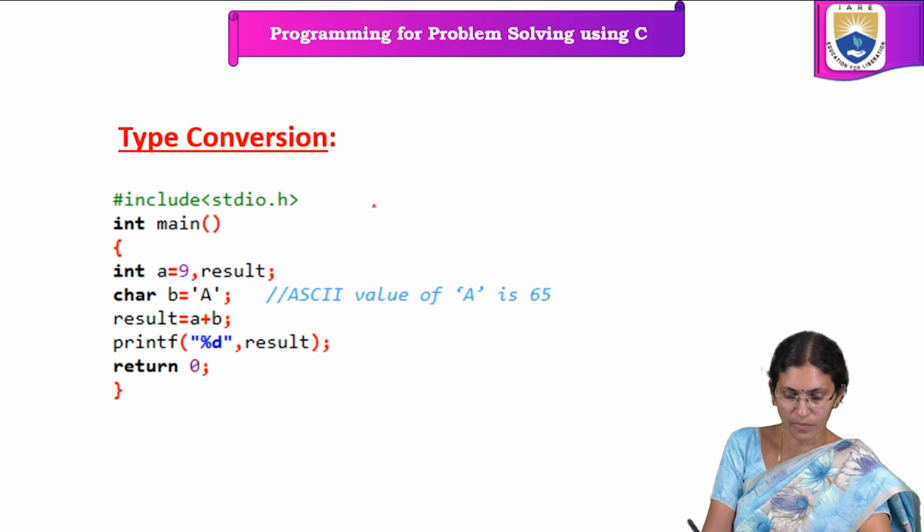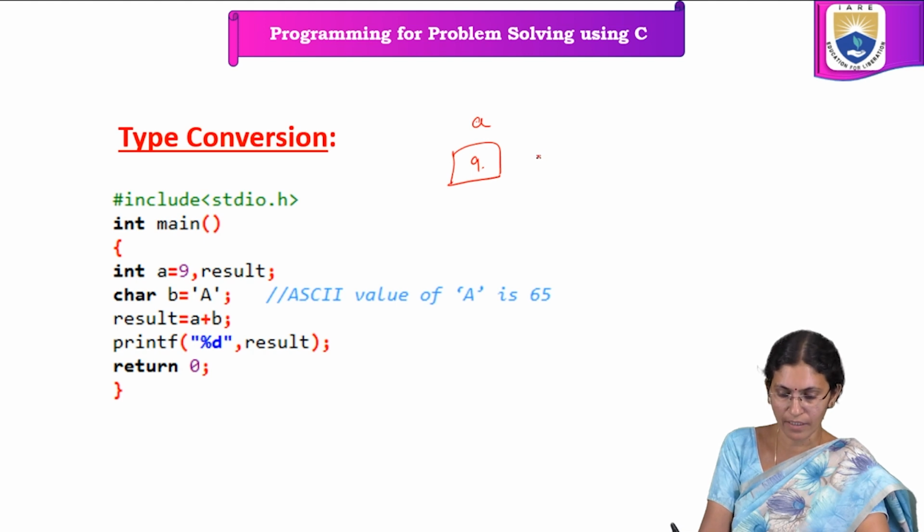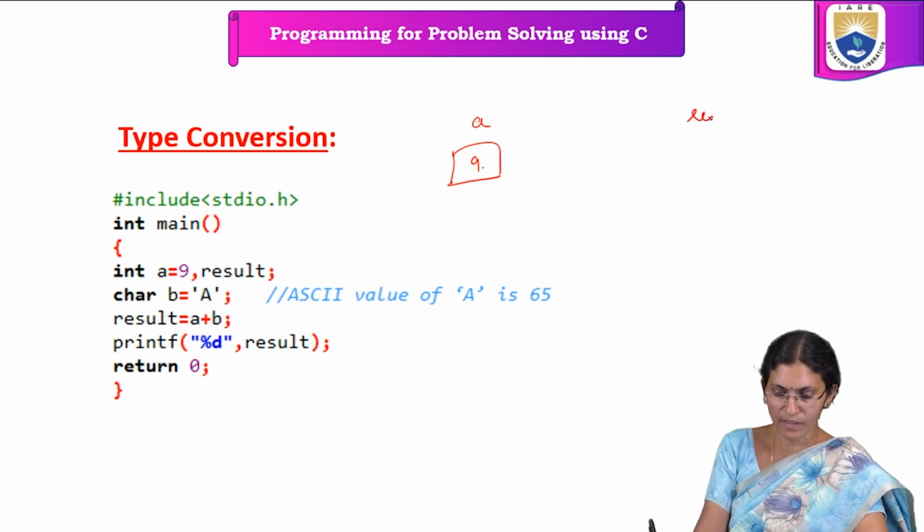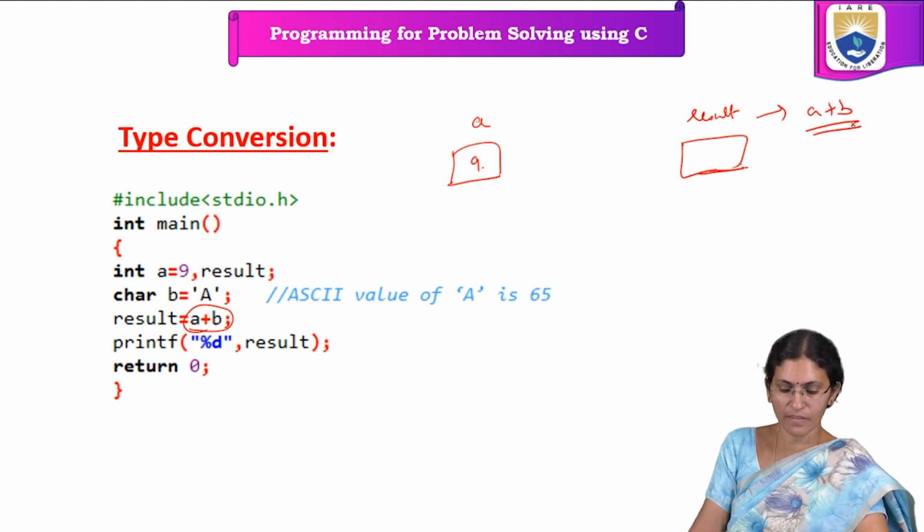Here in this example, we have declared a variable a. That is an integer type and its value is assigned as 9. Then one more variable, result, we have declared, that is integer type. This stores the result of a plus b.